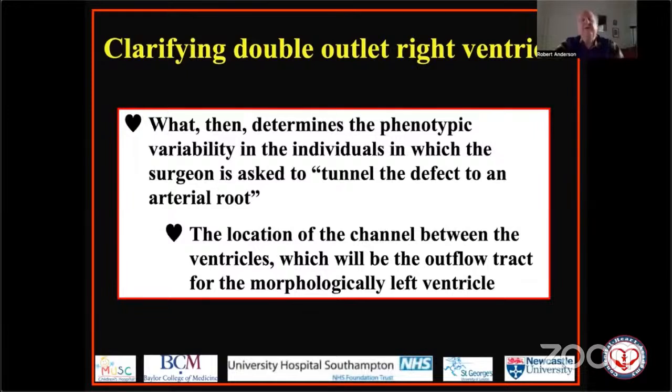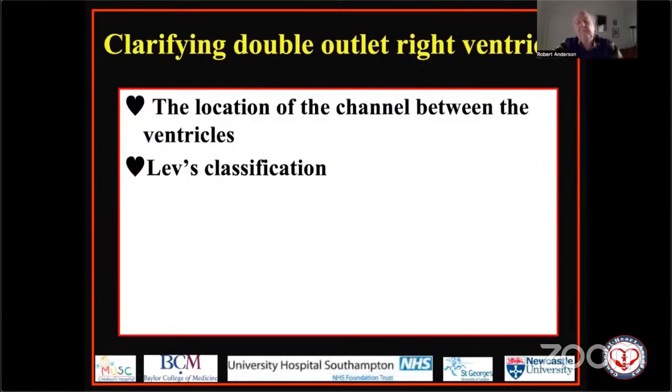And remember, that channel is going to be the outflow tract for the morphologically left ventricle. And when we look at this variation, we can go all the way back to 1972 and the stellar paper that was written by Maurice Lev and his colleagues classifying double outlet right ventricle.